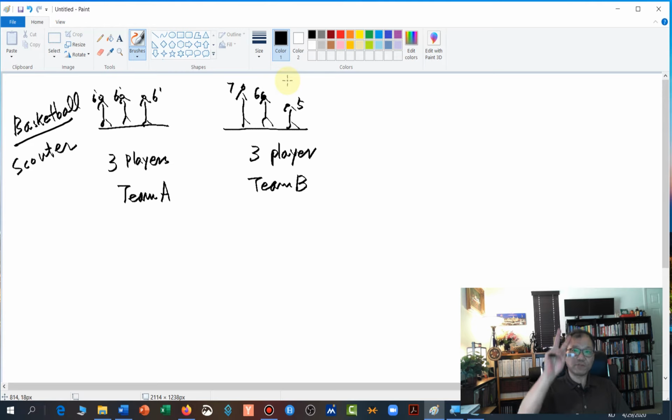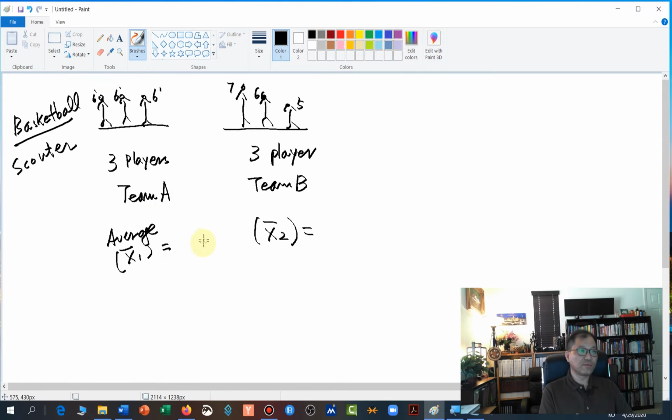So now you have 2 teams, team A and team B. If you look at only the average, team A and team B. What is the mean of team A's height? 6. What about team B?